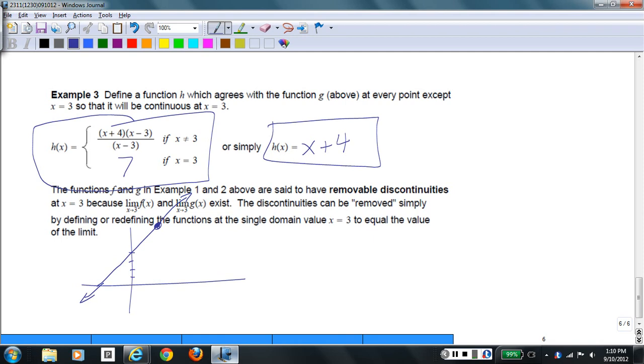The two functions, and it's appropriate to give them the same name. It's h in both cases. Filled in the hole. We remove the discontinuity. So h is continuous, in particular, at x equals 3. And as we'll see in the not too distant future, since it's a polynomial, it's continuous everywhere. Polynomials are going to be nice. They're continuous on the set of all real numbers.